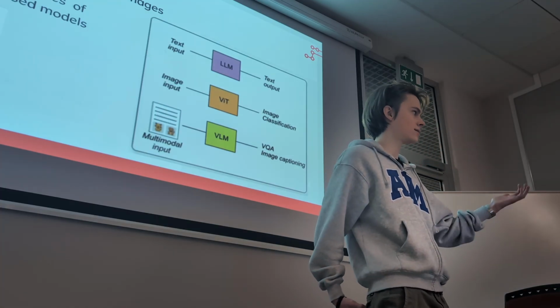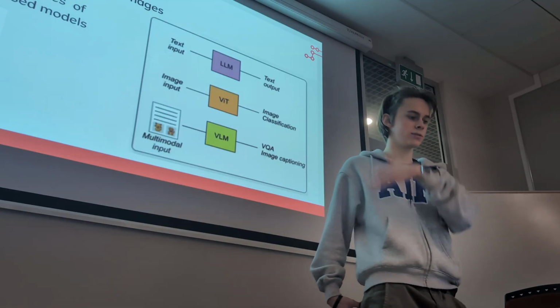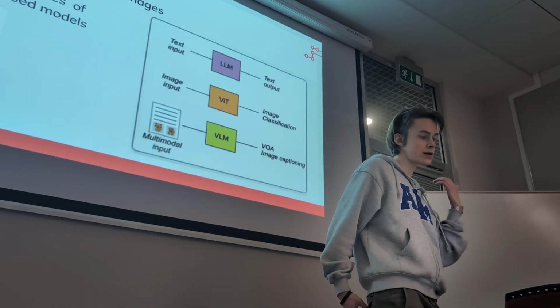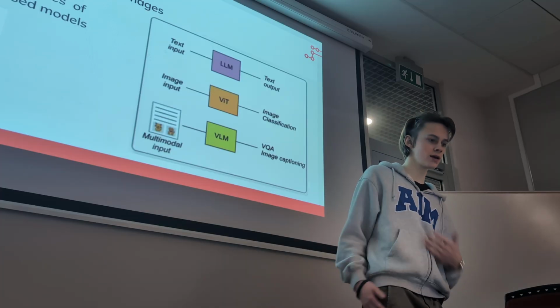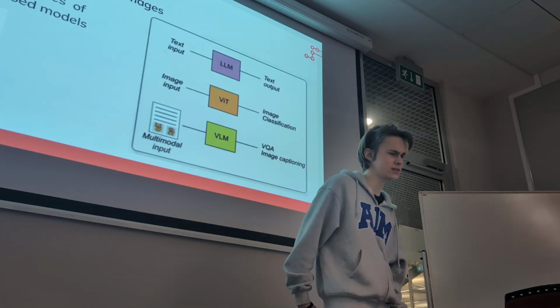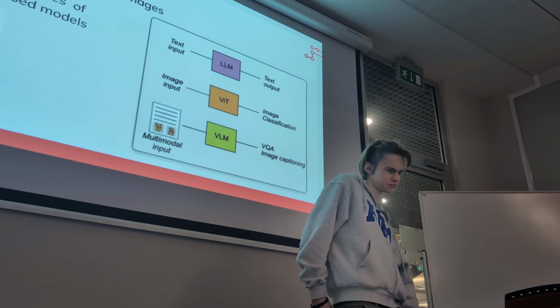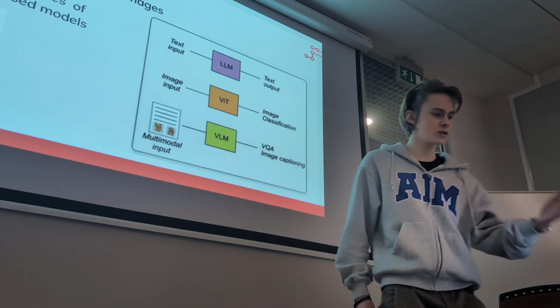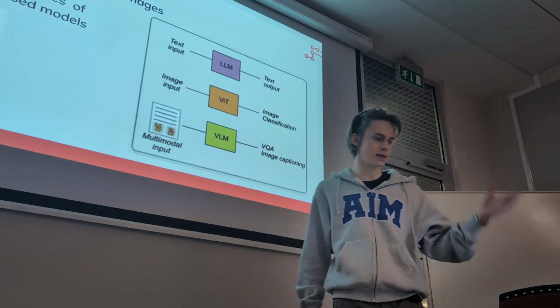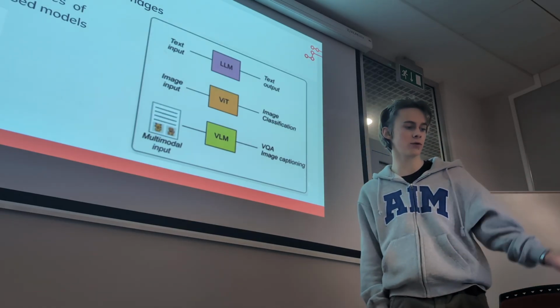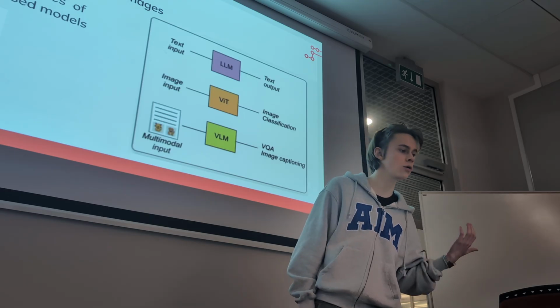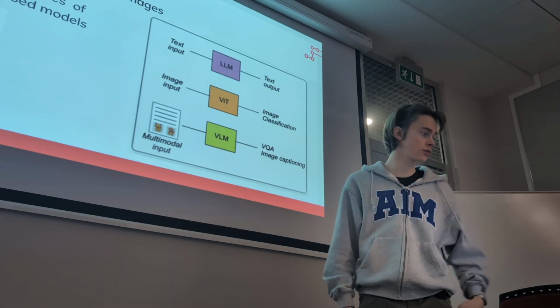They take text as input and give you text as output, doing next token prediction. The problem is that vision transformers only work with images, as we described before, and LLMs work with only text. So we combine those two things.